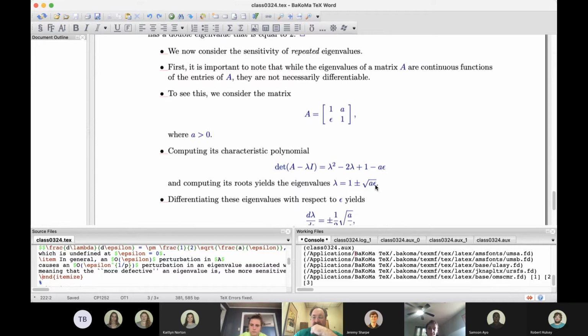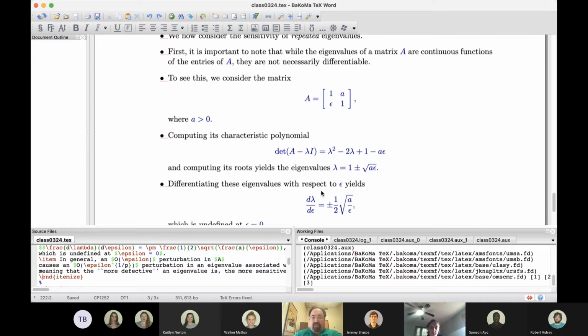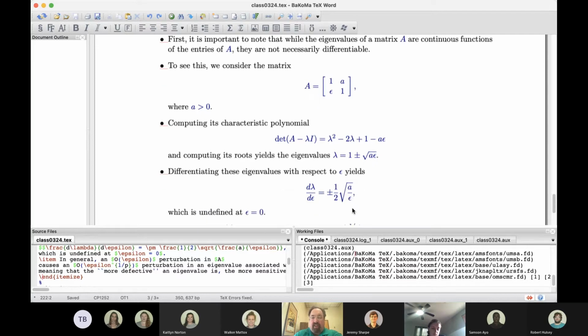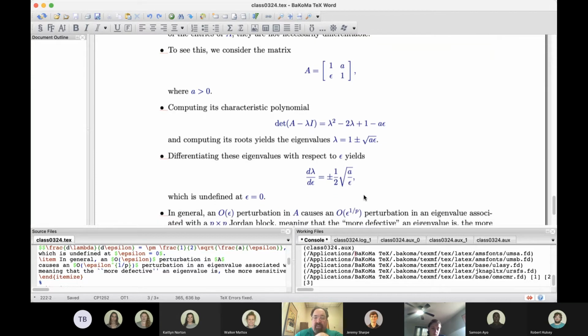But notice the perturbation is order epsilon to the 1/2. So if I take the derivatives of these eigenvalues with respect to epsilon, then we see that the eigenvalues are not differentiable when epsilon equals 0, because the derivative goes infinite.